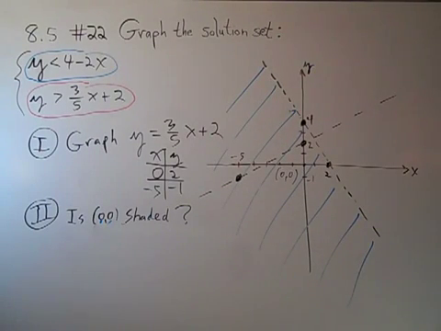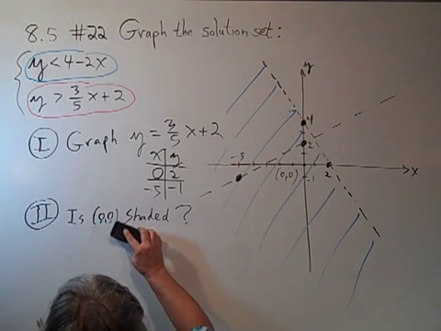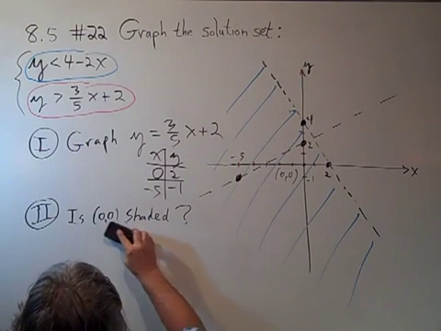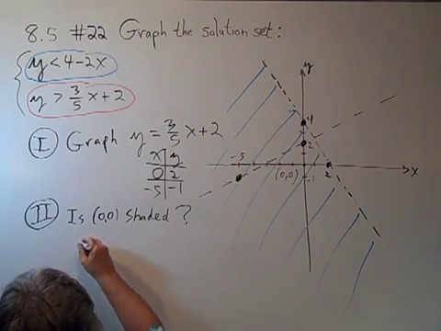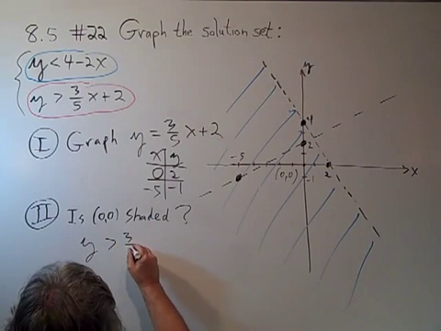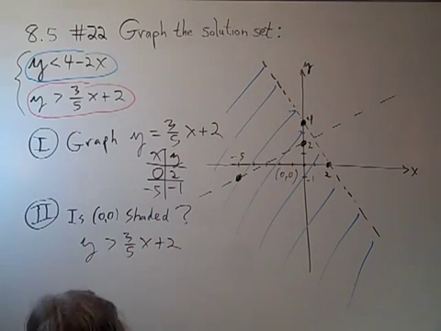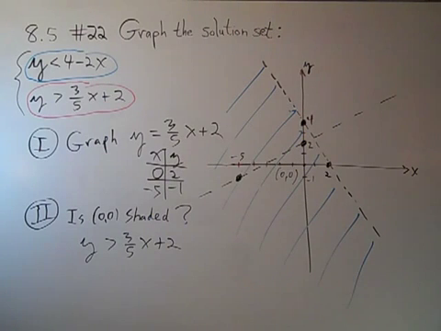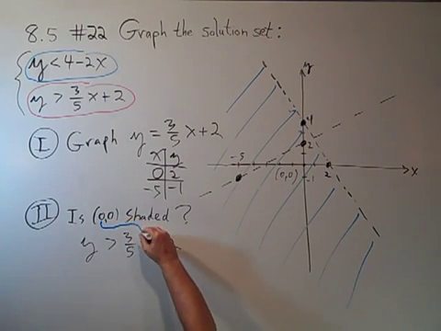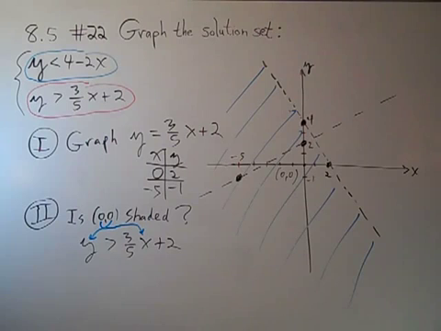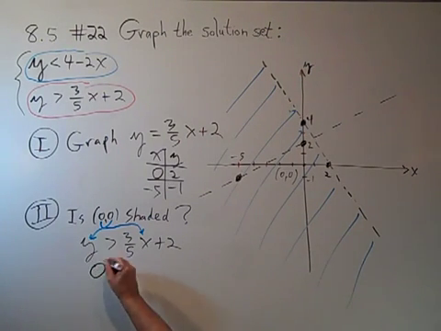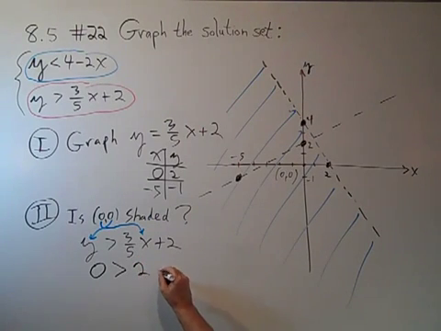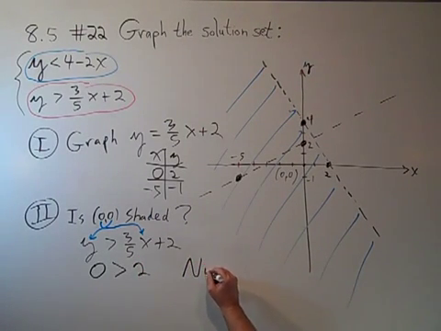Now we ask, is the origin shaded? Once again, this region is y bigger than 3/5 x plus 2. So if now we substitute x 0 and y 0, we get that 0 is bigger than 0 plus 2, which is false.